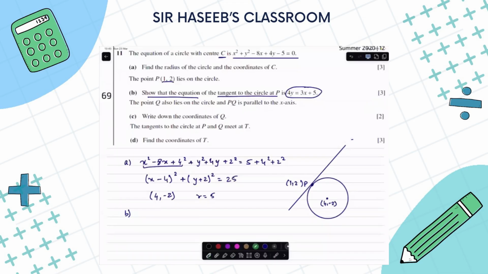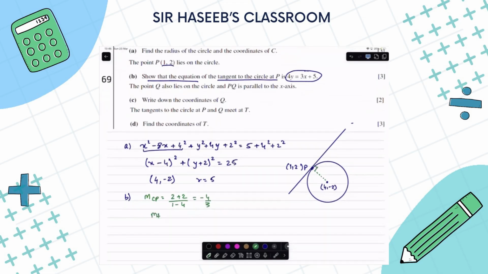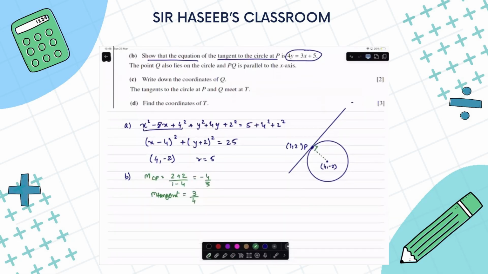So what I'm going to say is that let's find the gradient of the center and P, which is y2 minus y1 over x2 minus x1. So the gradient of the tangent to the circle is 3 over 4. Get it?